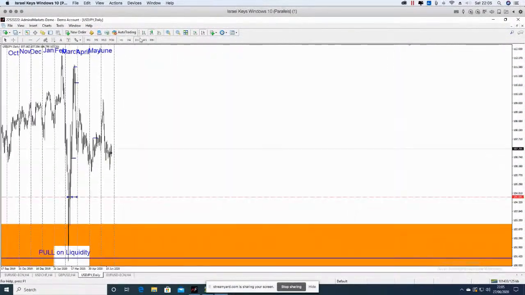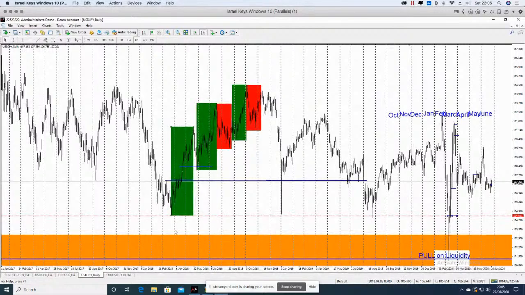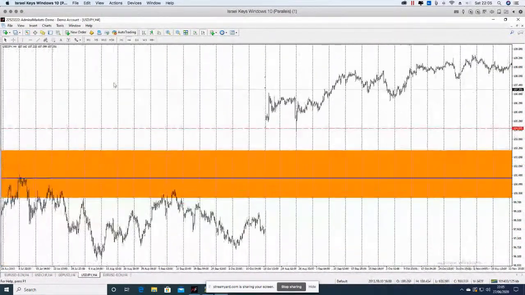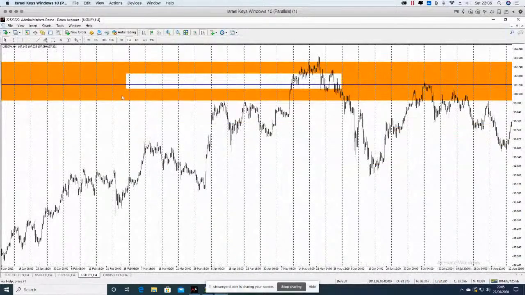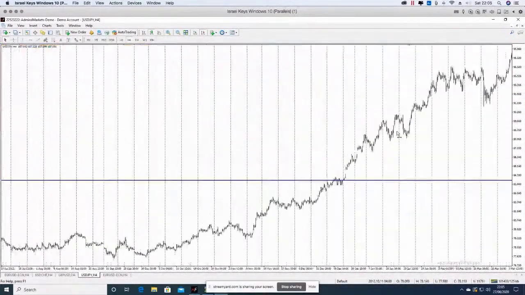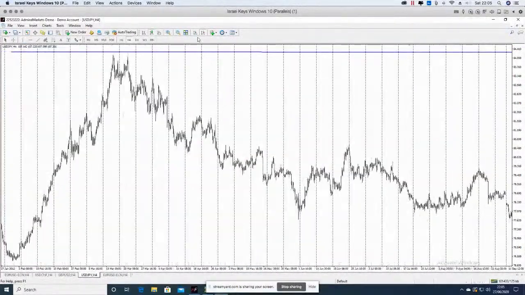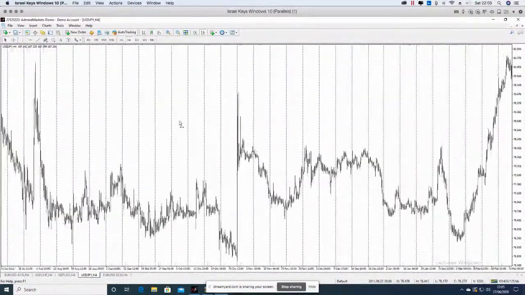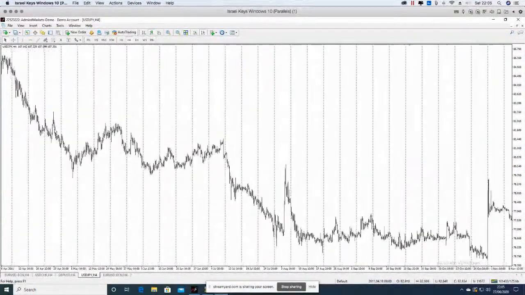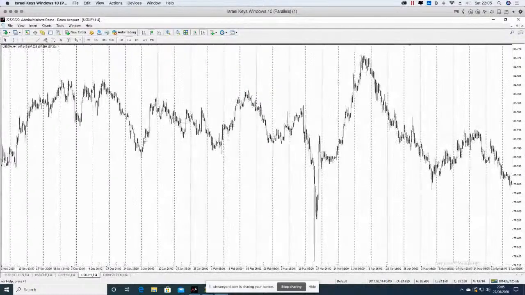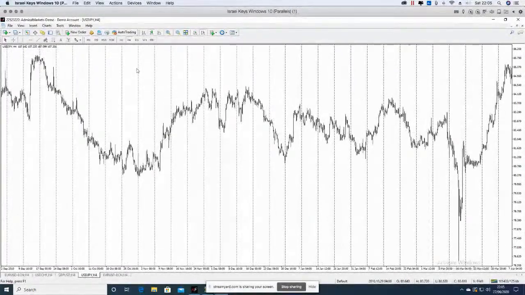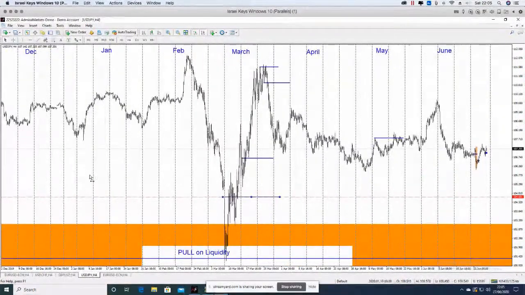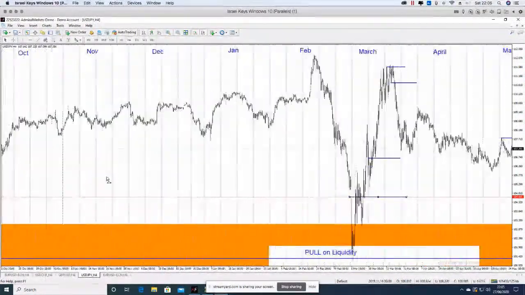Okay, let's go back to daily. We're looking at February 2018. We need to look at a far chart to get that far. Why can't I find this level? This is 2019.